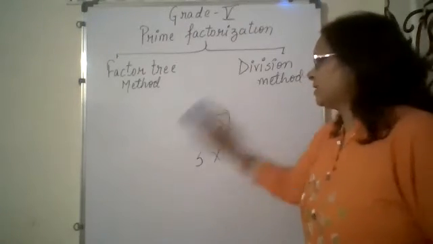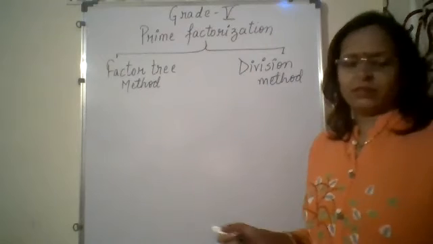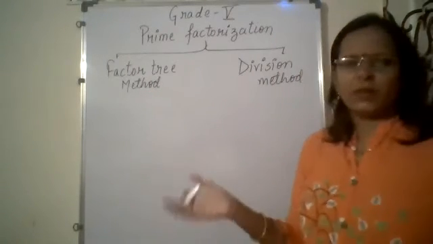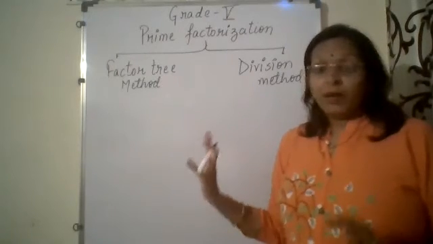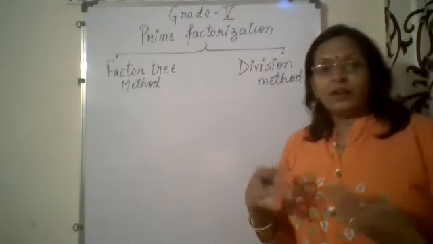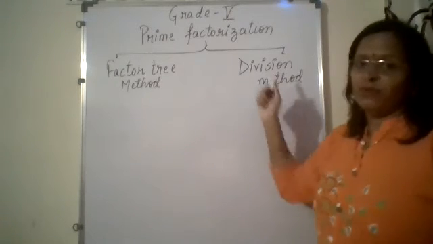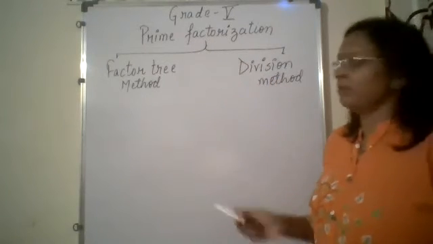So now let's start with the division method. What is the division method? When we have small numbers like 20, 25, 50, the factor tree method is easy. But when bigger numbers come, like 98, 102 or more than that, for prime factorization we always prefer the division method.